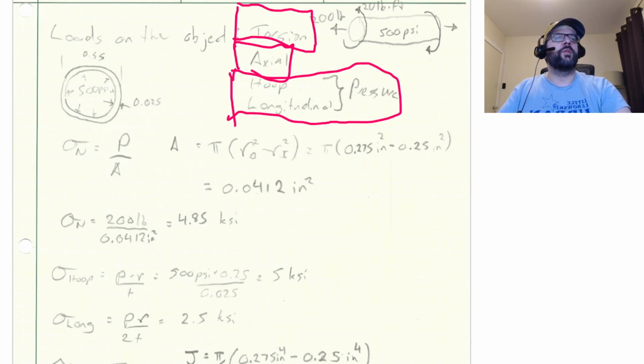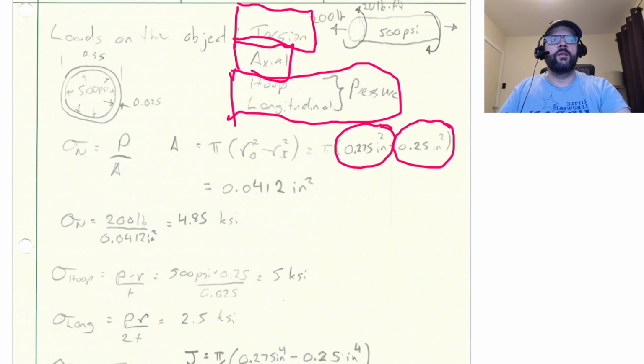So the inner radius is 0.25 inches, and then the outer radius is just that plus the thickness of 0.025, so 0.275 inches.